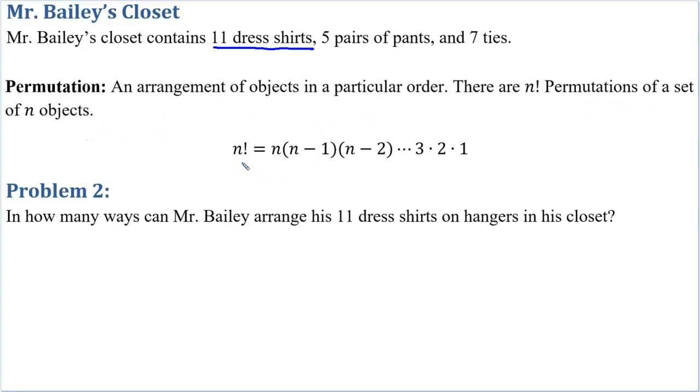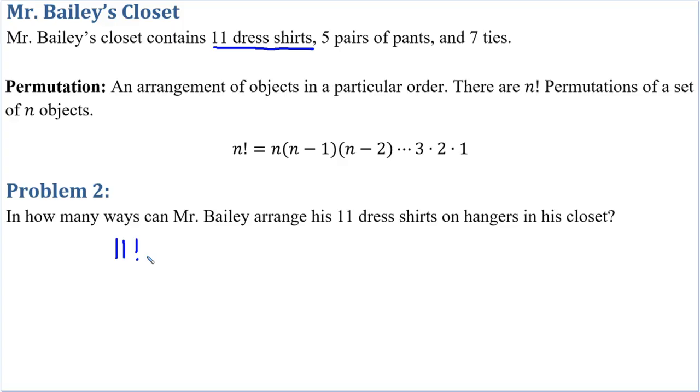As in n factorial, which means n, times n minus 1, times n minus 2, times n minus 3, times n minus 4, and so on down to times 3 times 2 times 1. So in how many ways can Mr. Bailey arrange his 11 dress shirts on hangers in a closet? Well, that would be just 11 factorial.